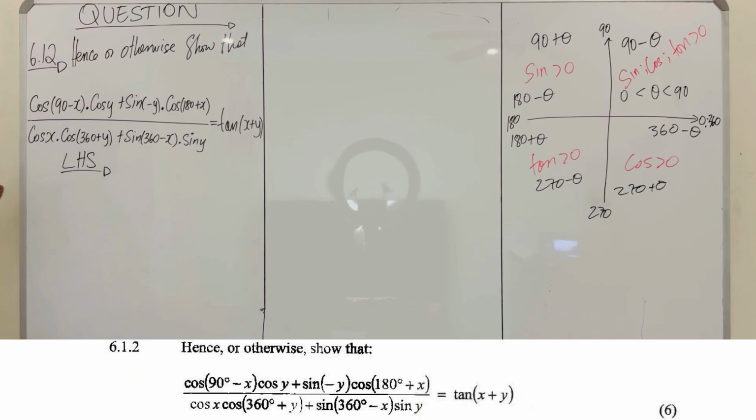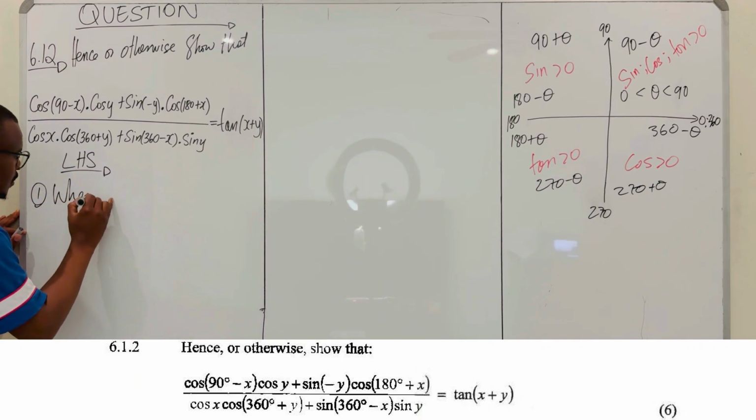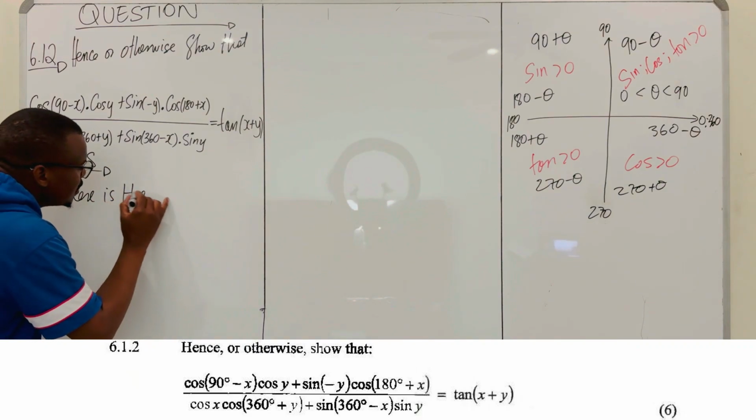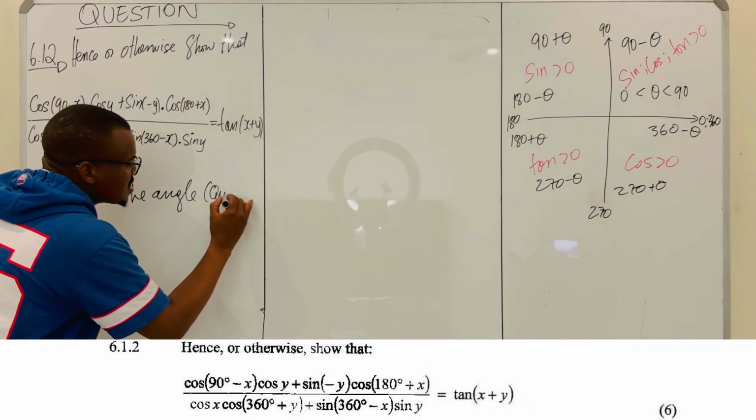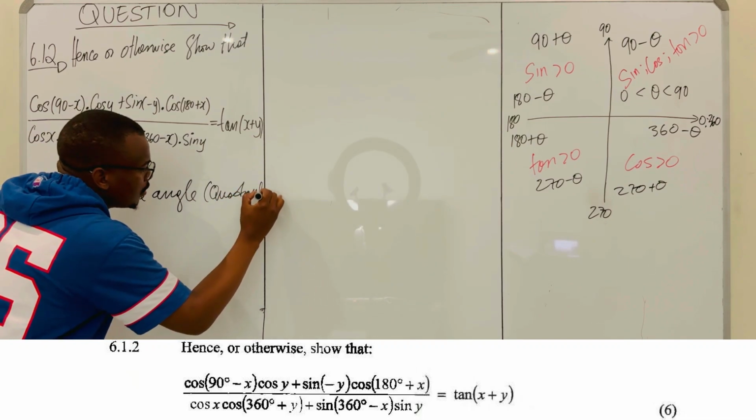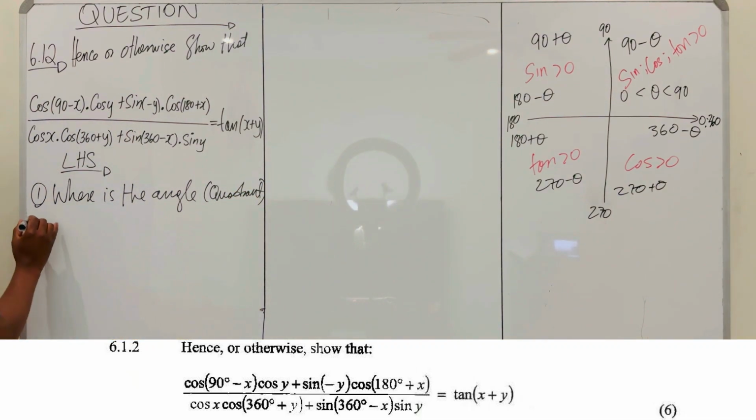So if we are trying to simplify these, you must ask yourself three questions. Question number 1: where is the angle? Which means I'm asking which quadrant your angle is in.